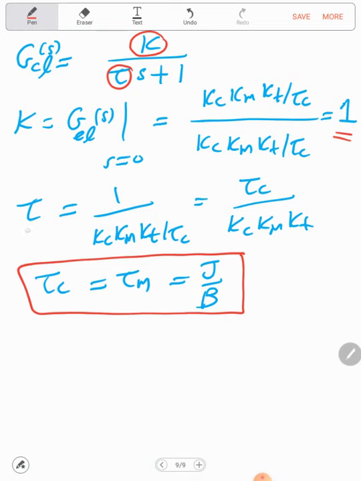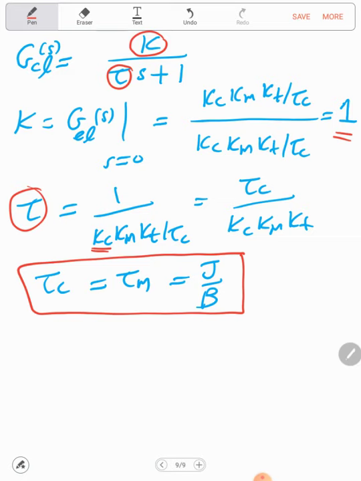So how to control the time constant of the closed loop system? Fortunately, we have Kc as the remaining degree of freedom that we can design in order to specify a closed loop time constant.